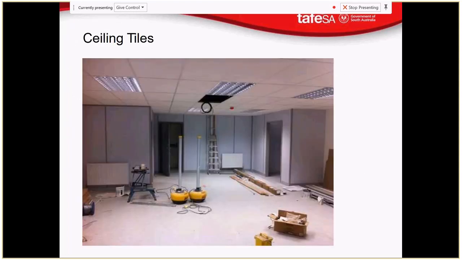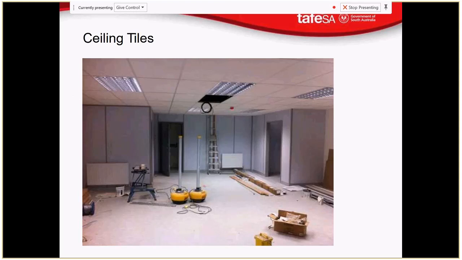Ceiling tiles provide, I guess, a very practical way of doing a ceiling, in that you can have, like in this case, your recessed lighting, so all the lighting is flush with the ceiling.